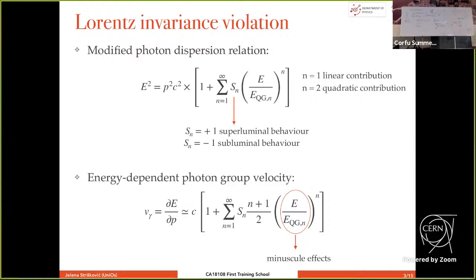This E_QG,n is the energy scale at which quantum gravity effects should become significant. And then we have this parameter n. Now we are using only the first two orders of this expansion. Why don't we go further? Because we are not sensitive enough to detect them.